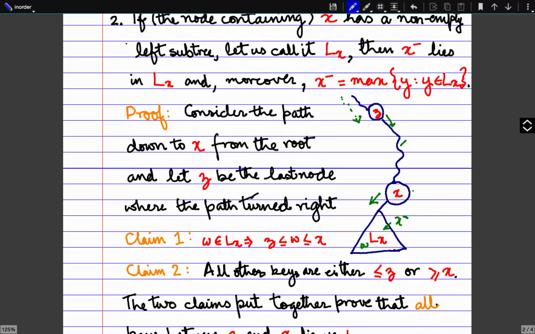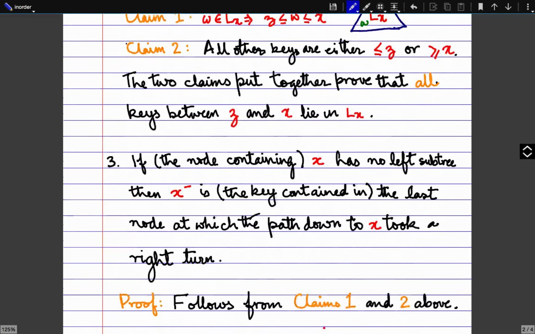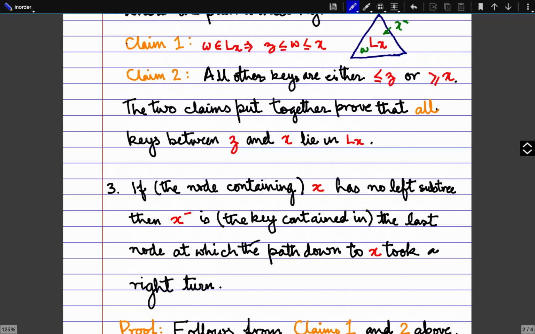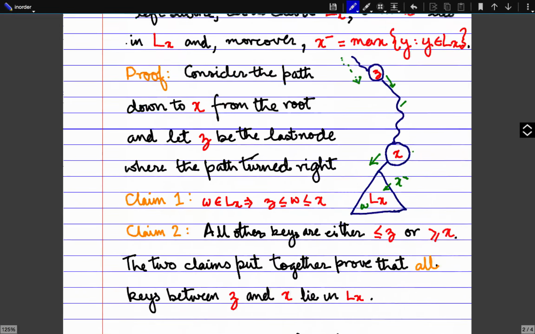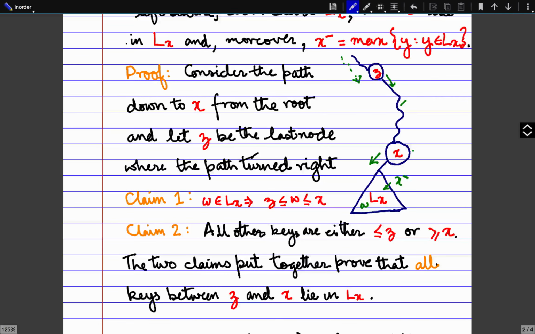So now let us look at the third case, where the third property, which is the second case, that is the node containing x has no left subtree. If the node containing x has no left subtree, then x minus is the key contained in the last node at which the path down to x took a right turn, the z that we were talking about. And we have actually already proved this, because in claim 2 we showed that only those elements which are in Lx lie between z and x.